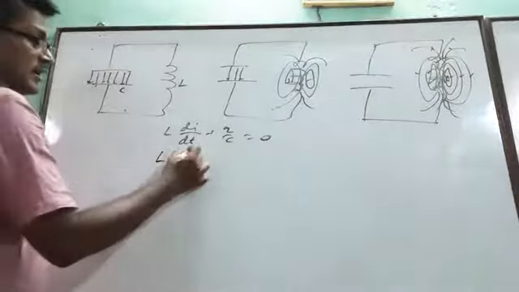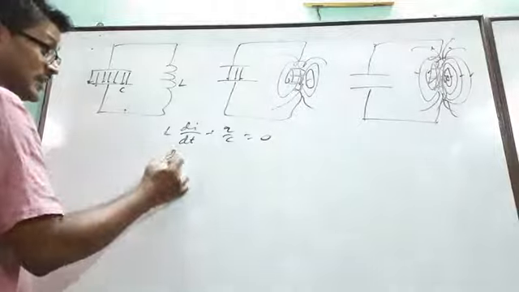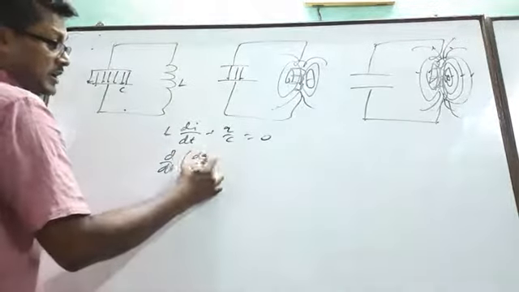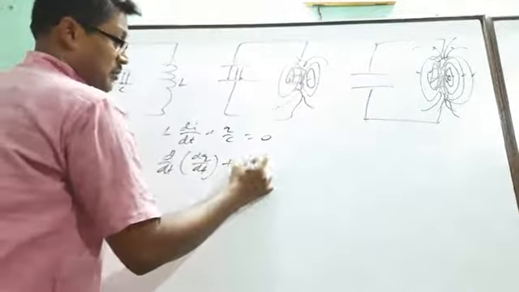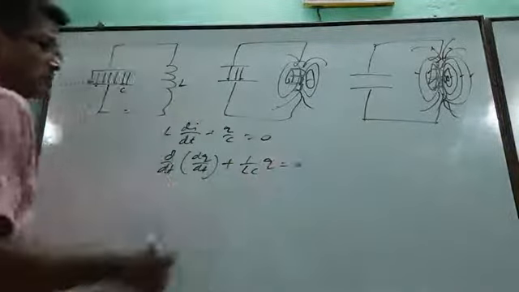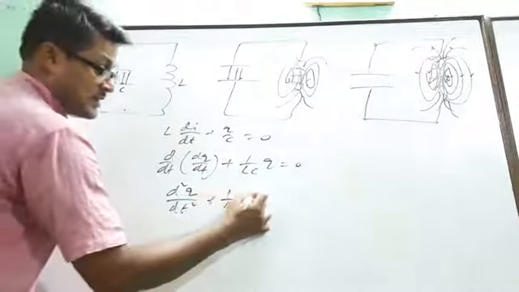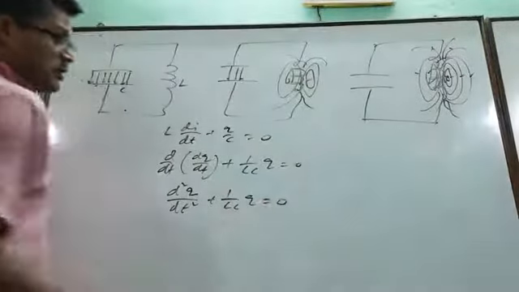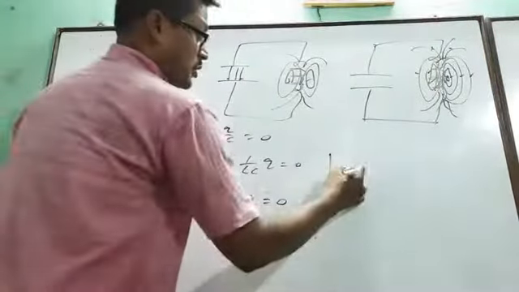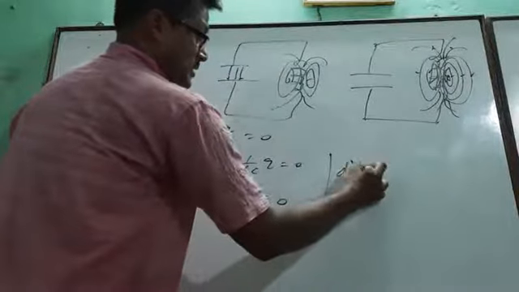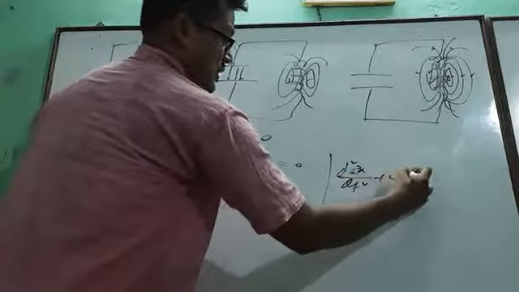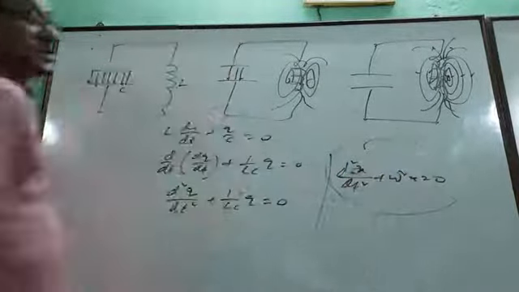We can write di/dt as d2q/dt2, so d2q/dt2 plus 1/LC q equal to 0. This is comparable with the equation d2x/dt2 plus omega square x equal to 0, which is the equation of SHM.